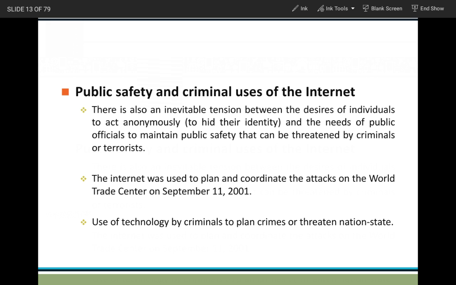Technology has a positive side; it was designed for positive aspects, but nowadays it is used for all these unwanted things. Criminals use the internet to plan any particular activity. They have quoted an example: the attack on the World Trade Center was planned through the internet. So the internet and social media are getting misused more and more.